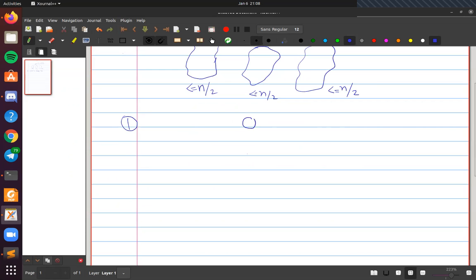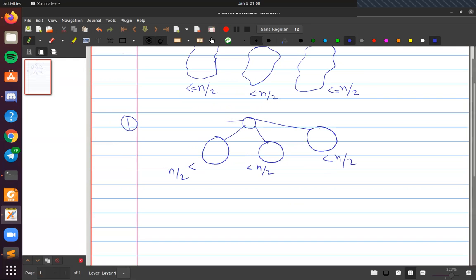If I start from a random vertex and look at its subtrees, and all of them contain less than n by 2 elements, then I am done, because this node satisfies the definition of the centroid.